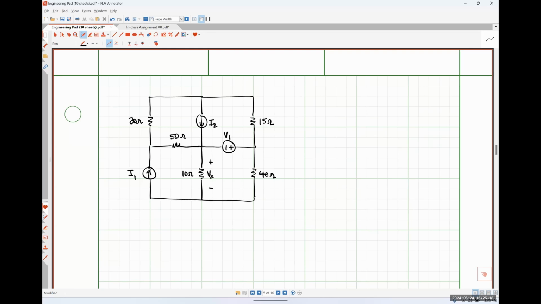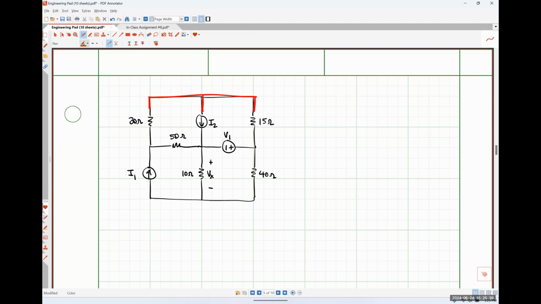All right. So let me just think about things here really quickly. If I were to identify, I can see very easily that I have 4 meshes. I just want to see how many nodes I have really quickly.